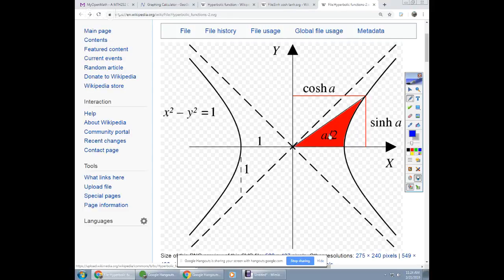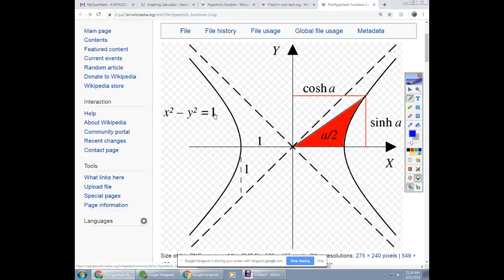If you double that area, so imagine that same region underneath a symmetric version of it, if you take the hyperbolic cosine of twice that area, that gives you the x value at this point. So there's a relationship between exponential functions, the area here, and the hyperbola x squared minus y squared equals 1.